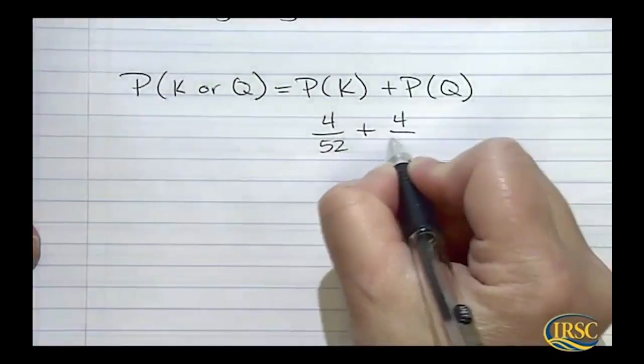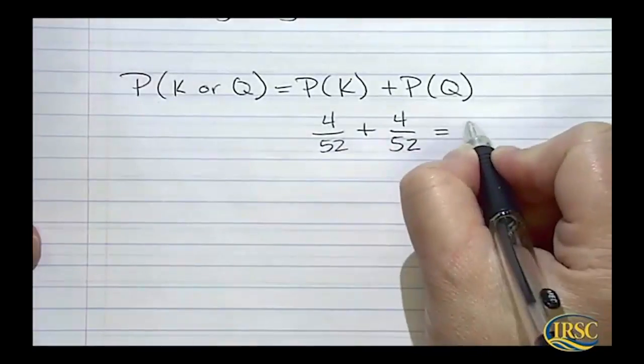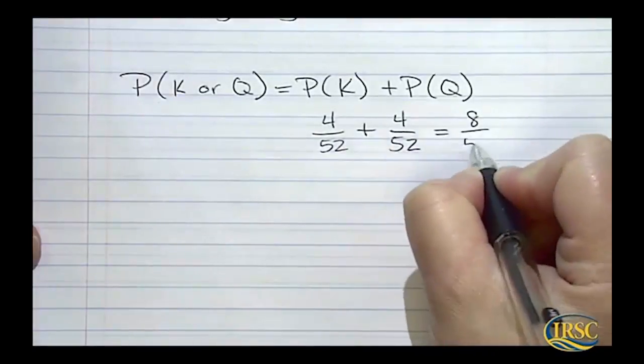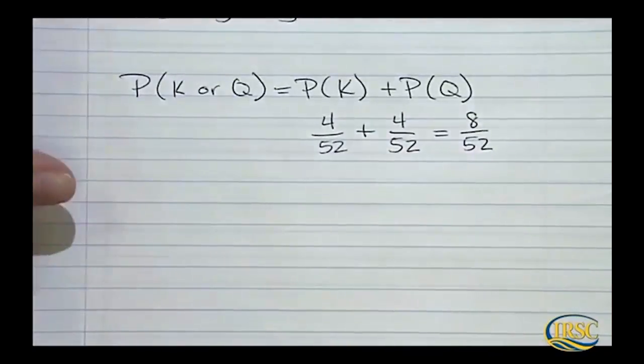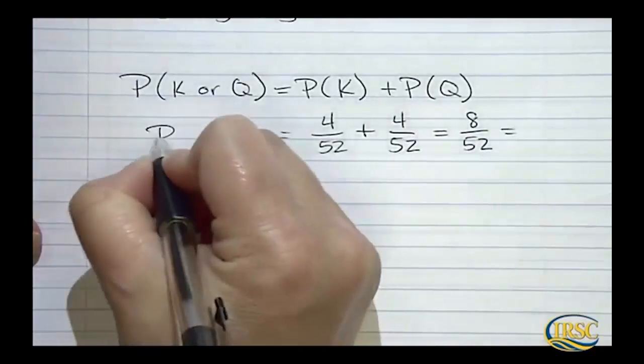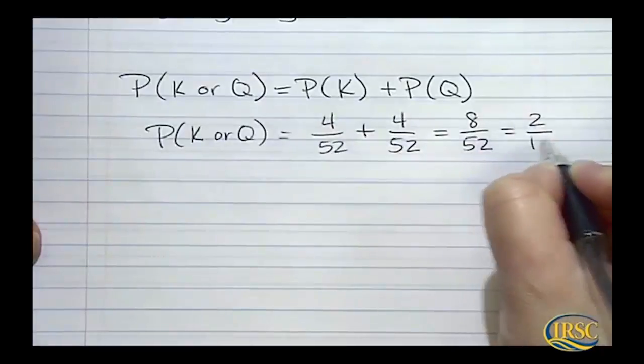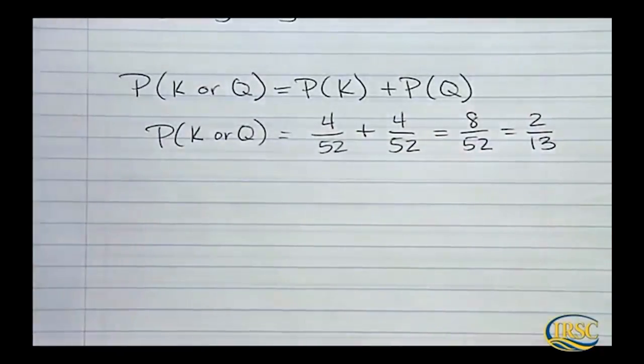Also 4 out of 52. So now, adding these together, we get 8 out of 52, and now we want to reduce. So what do we get when we reduce that? Okay, 2 over 13 is correct. So the probability of selecting a king or a queen is 2 over 13.